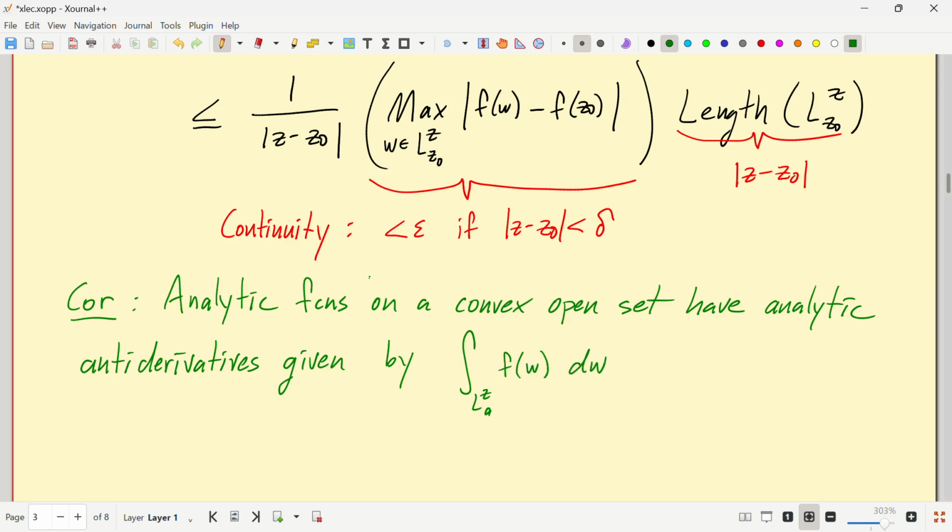So analytic functions f, where a is fixed in omega.